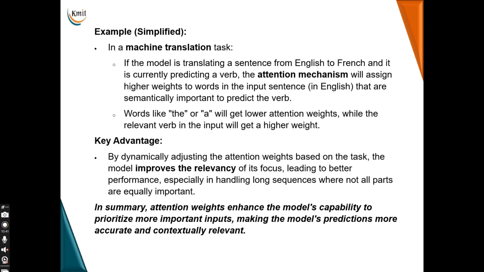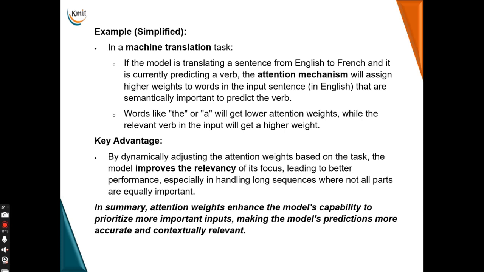What is the key advantage of doing this? When we dynamically adjust the attention weights based on the task we are performing, we focus on the input parameters which are relevant for the output prediction or output generation, and we are not wasting our time working with the input parameters which are not contributing towards the output predictions.